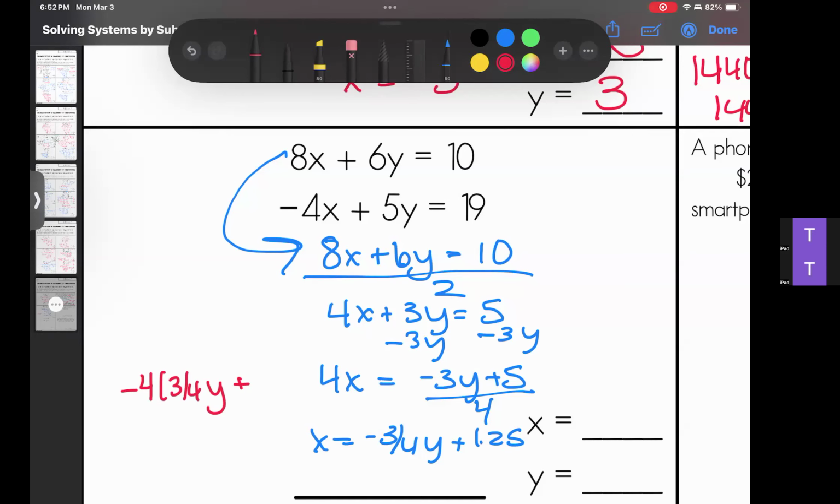Guess there's not. I guess there's not. What if I broke it into negative 3y plus 5 divided by 4?